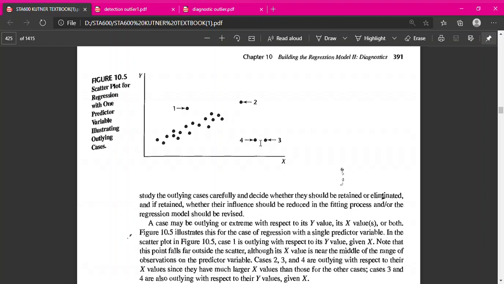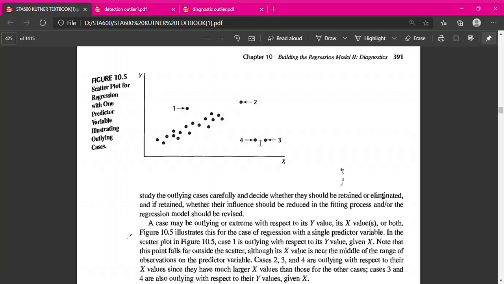Okay, so this is the way how you can detect the high leverage or outlier, and whether this high leverage or outlier adalah influential observation from the scatter plot. Okay, it is helpful if kita punya data ataupun analisis kita adalah untuk simple linear regression saja.